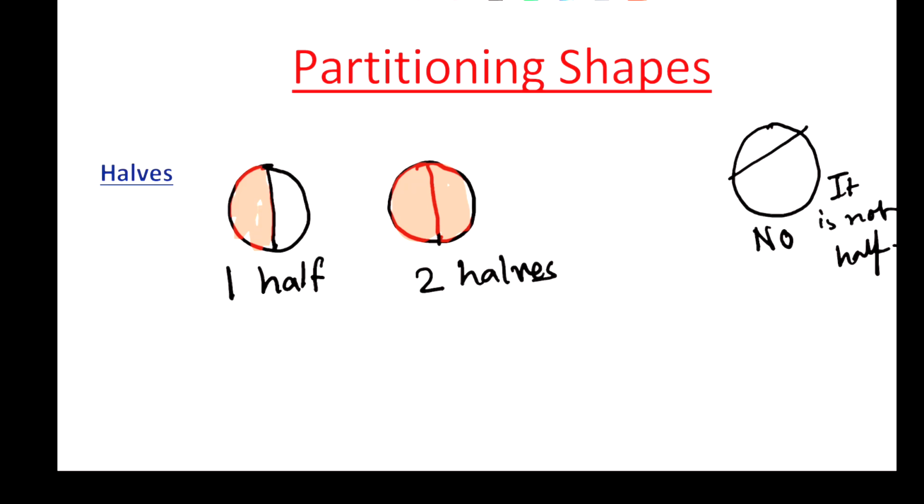Now let's try an example of a different shape. I made two squares and each of the squares is divided into two equal parts.